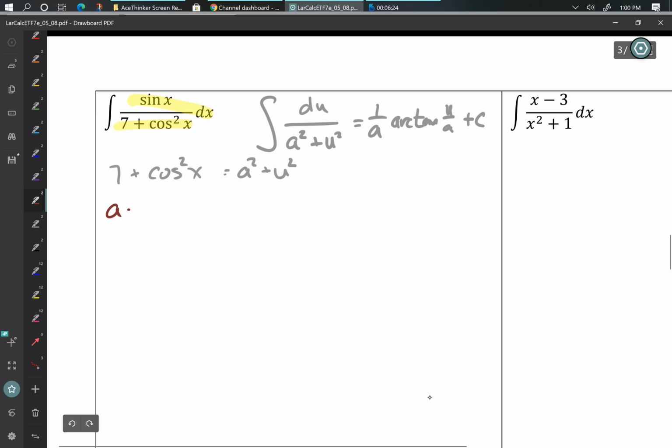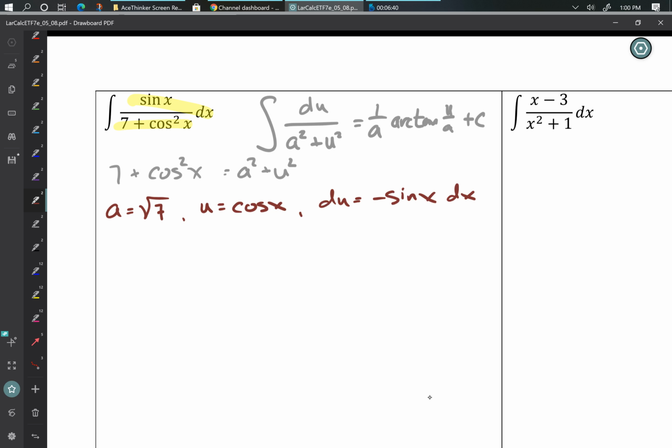So then a is the square root of 7, u is cosine x, differential du is negative sine x dx, which means that negative 1 times du would be our positive sine x dx. And it looks like everything is going to work. Everything is going to end up giving me this lovely integral that I want.